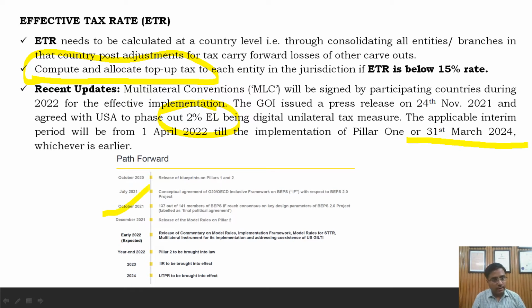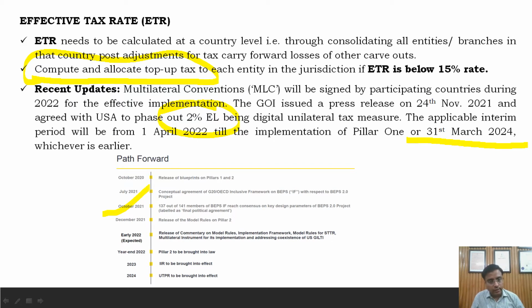In December they released the model rules on Pillar 2. We are expecting that soon they will release commentary on the model rules, an implementation framework, and model rules for STTR. They will adopt the multilateral instrument for implementation and to address the coexistence of US GILTI.